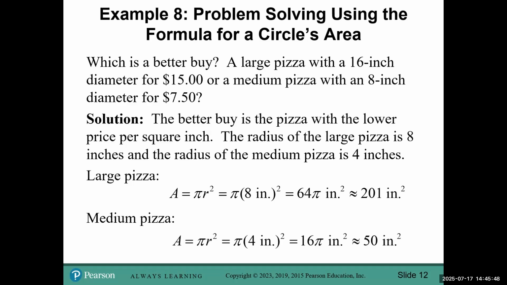Well, if we're thinking about how much pizza we get, we're really more interested in the area than in the diameter, right? So we can calculate the area of both of these pizzas. The area is going to be pi times r squared. Excuse me, we're given the diameters, so I have to figure out what the radius is.